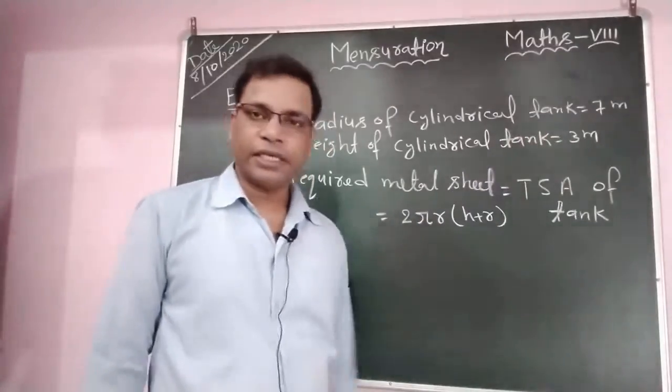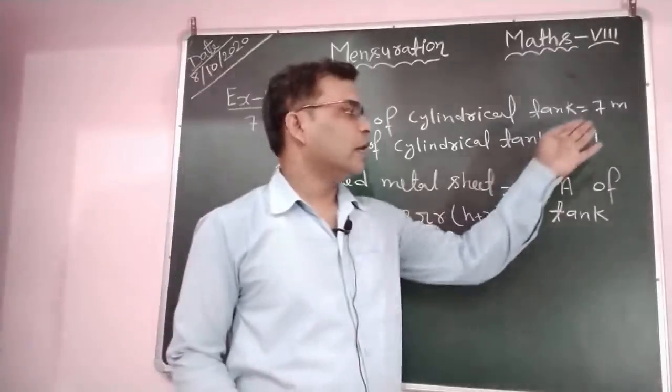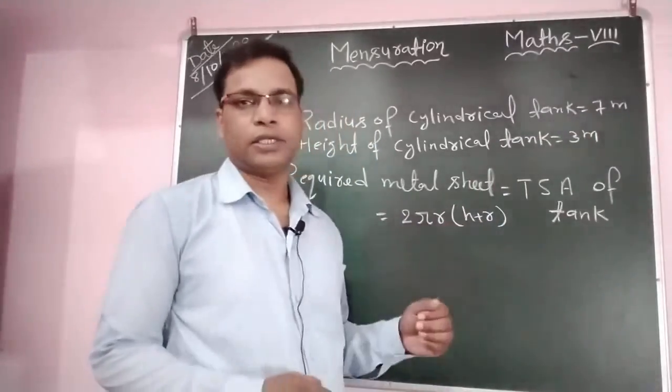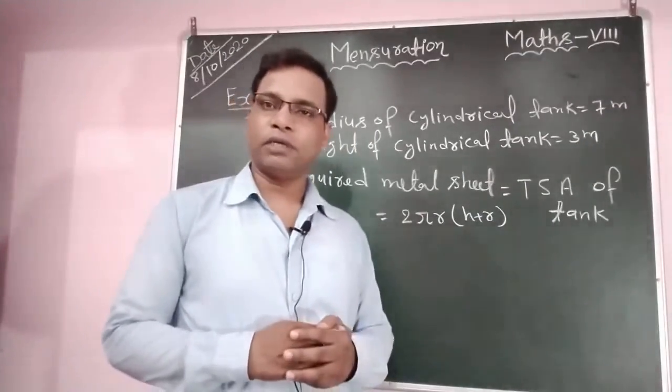The height and radius of the cylinder are given in this question. Height is 3 meters and the radius is 7 meters. So we put the values of r and h, and the value of pi, you know very well, is 22 by 7.